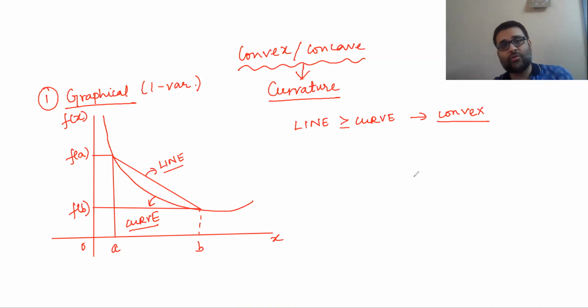Okay, so I draw the diagram, I join any 2 points on the curve by a straight line, and I notice that the line is above the curve, then that sort of function is called a convex function.